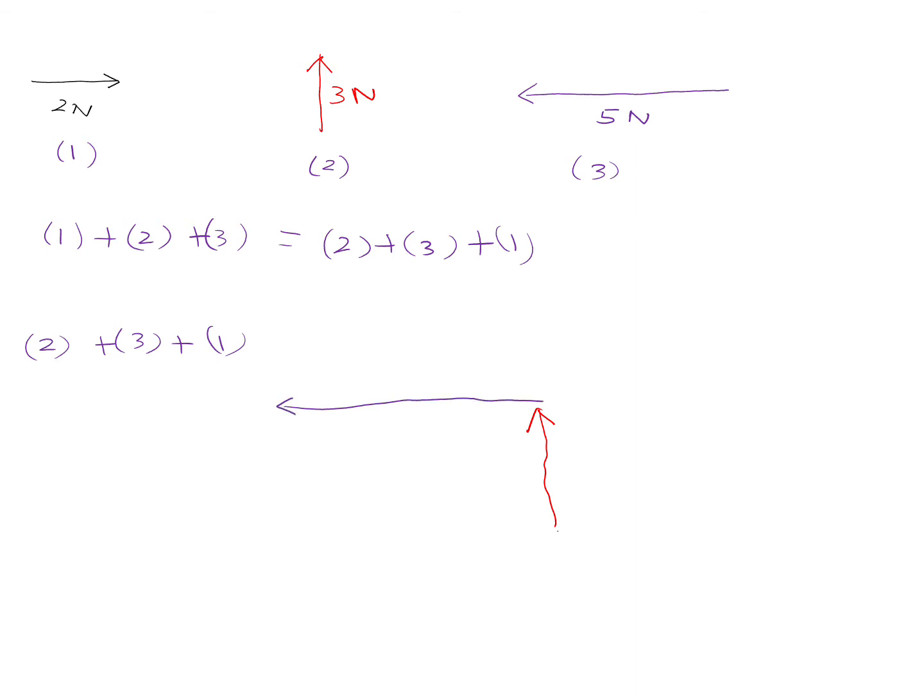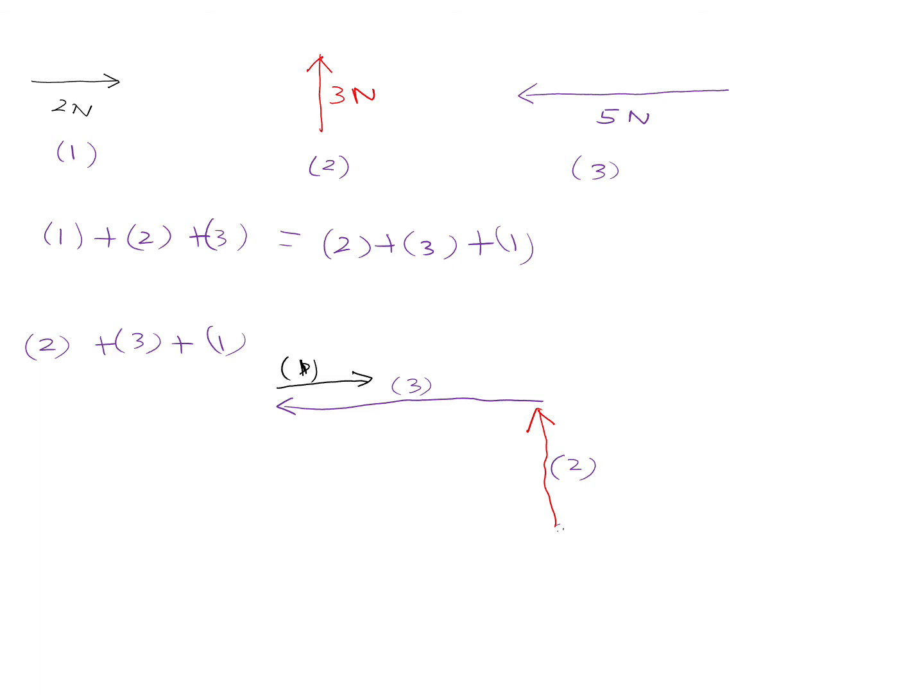So this is the tail of vector 2, head of vector 2, and then you bring the tail of vector 3 to the head of vector 2, and now you have a head here, and then you bring the tail of vector 1, which is this, to the head of this. So I will use black. This is your vector 1.